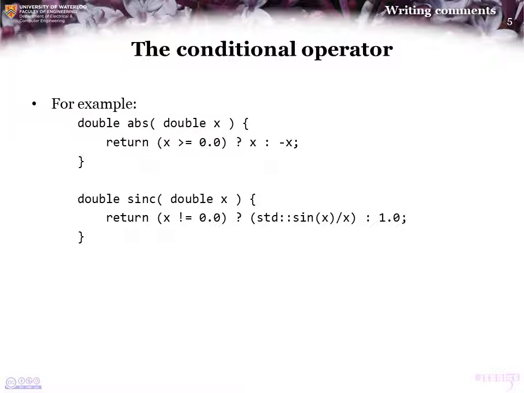So, if x is a non-zero value, this expression evaluates to sine of x over x. If x is equal to 0, then x not equal to 0 is false, in which case the entire conditional operator evaluates to the alternative expression, which in this case is just 1.0.